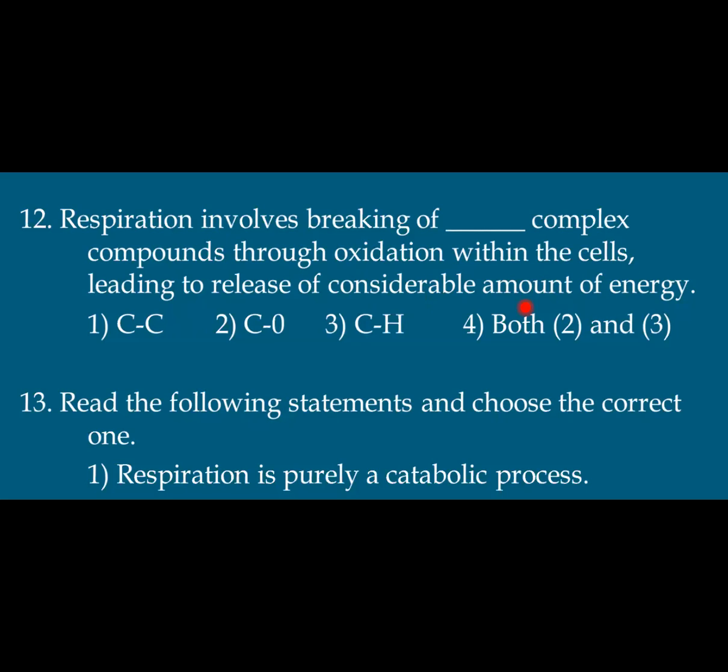This is a very important thing I am telling. Aerobic respiration, 686 kilocalories. Anaerobic respiration, either 59 or 36: 59 for alcohol fermentation, 36 for lactic acid fermentation. So here option 1 is the right answer.